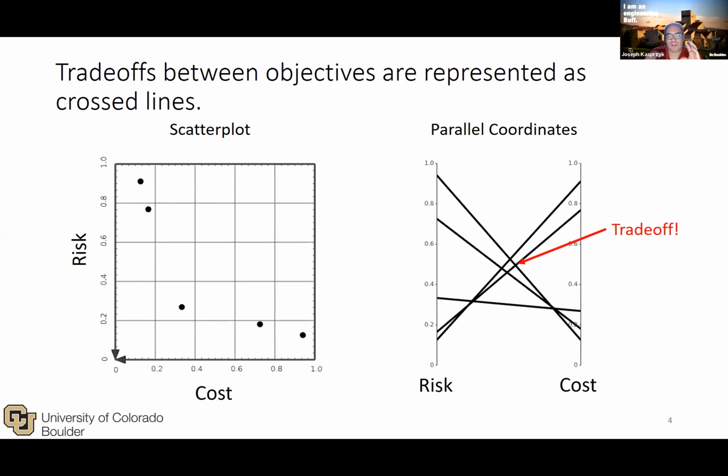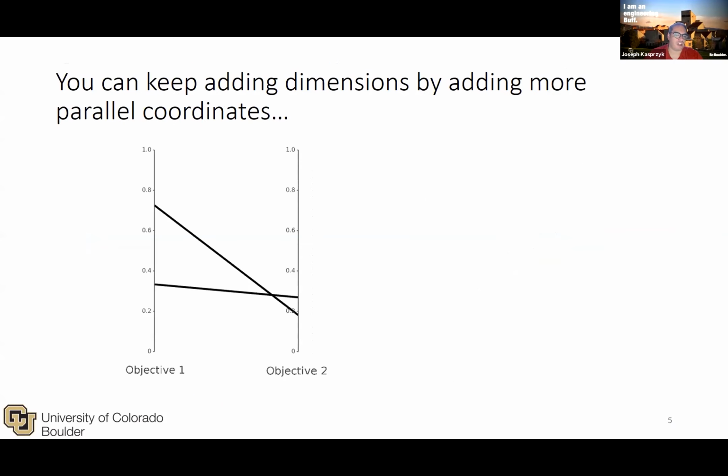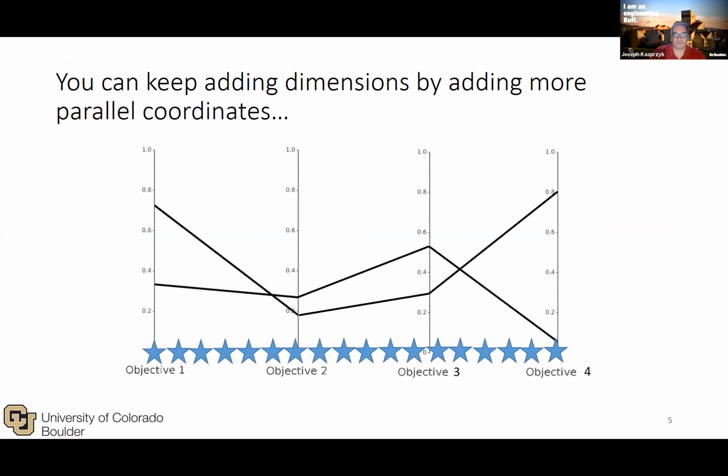This then allows us to add dimensions onto the parallel coordinate plot when we have multiple dimensions that we're solving for in the optimization. So if I have two objectives, all I have to do is add another parallel line and then connect the polylines across the way. Okay, and so you can see a third objective, a fourth objective.